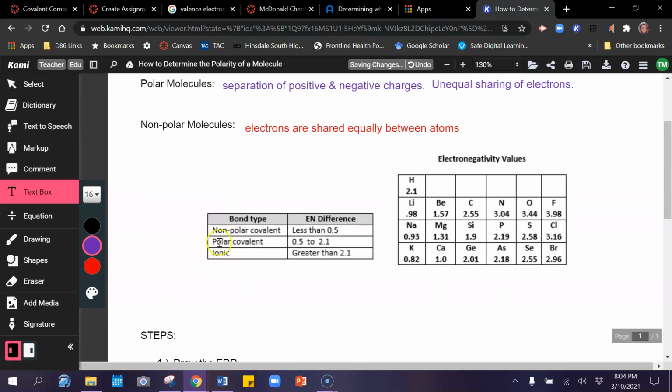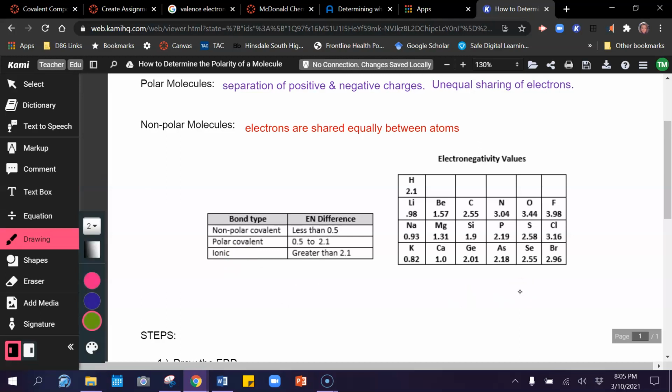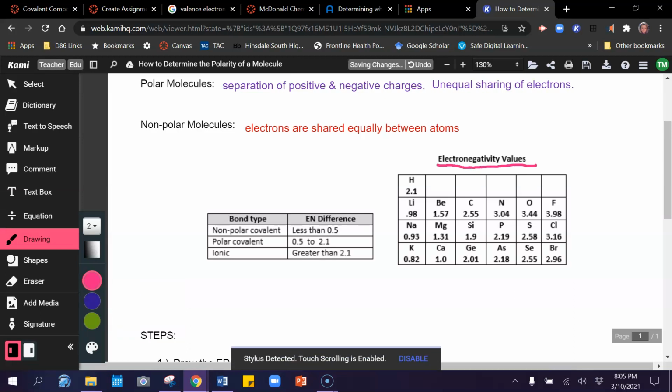All right, so the two tables that I have here are going to help us to determine what type of bond, nonpolar covalent, polar covalent, or ionic, exists between two different atoms. And as you can see, the title of my first table is electronegativity values.